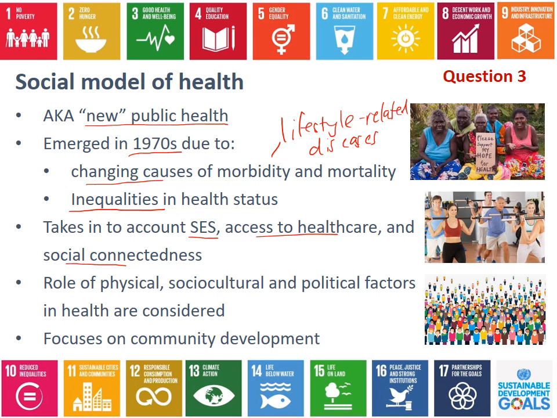And it's got a real focus on community development. Where the biomedical approach looks at individuals, the social model of health focuses on the community or an entire city or an entire country. So get those notes written down, then head into question 3 and just see if you can summarize, make 1 or 2 sentences about what the social model of health is.